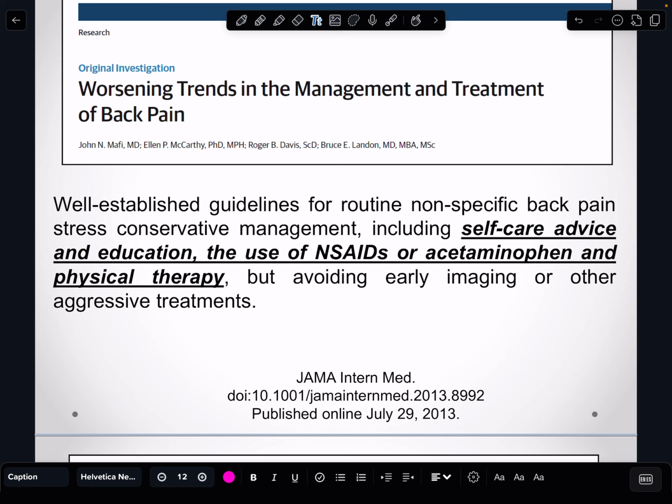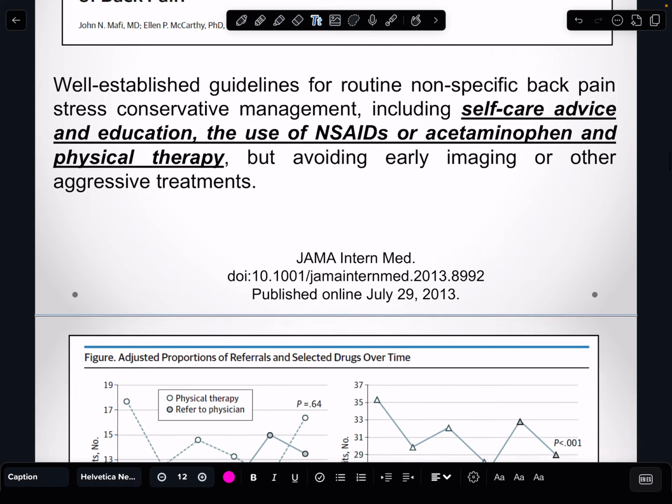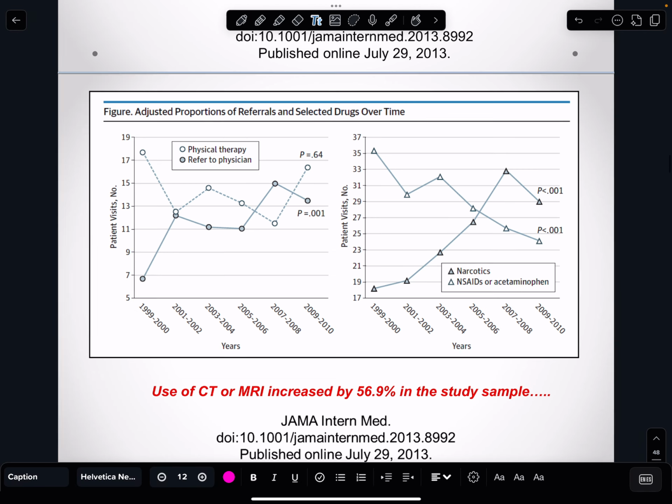When you look at the data though, this is referrals right here. If you look at those lines, it's a little difficult to understand, but referrals to PT over this period of time went down 20%, while referrals to specialty physicians went up 20%. There's no reason to send a patient with mechanical low back pain, especially acute, to a specialist, but this is happening.